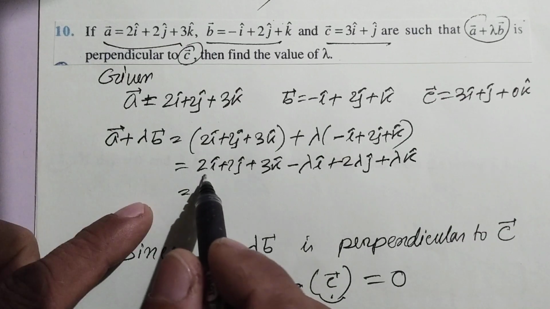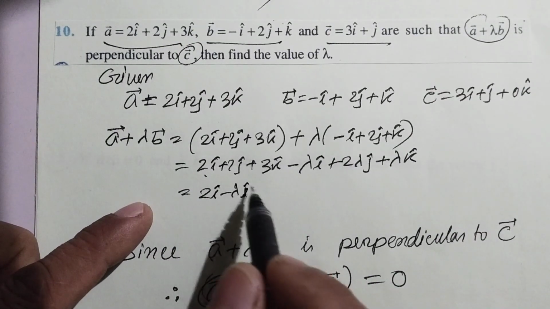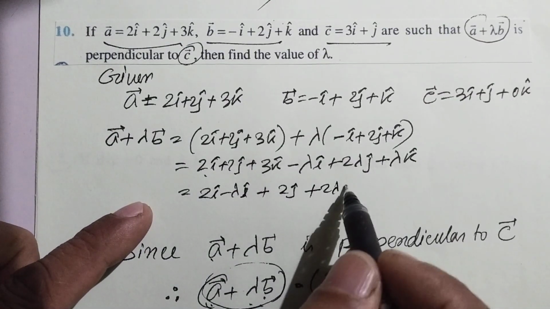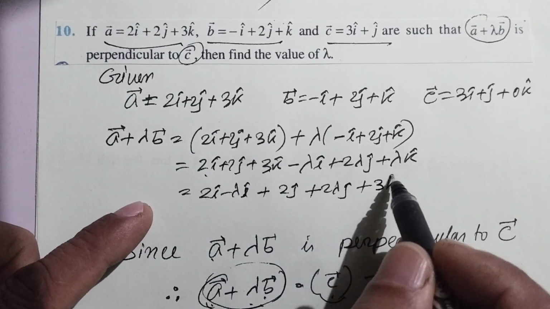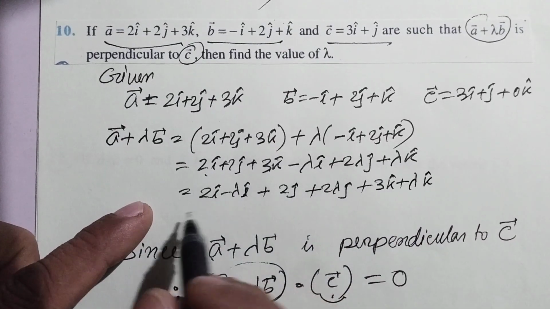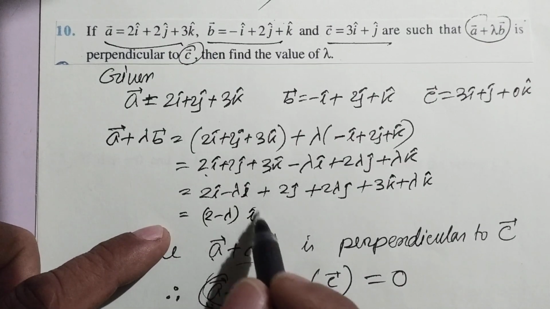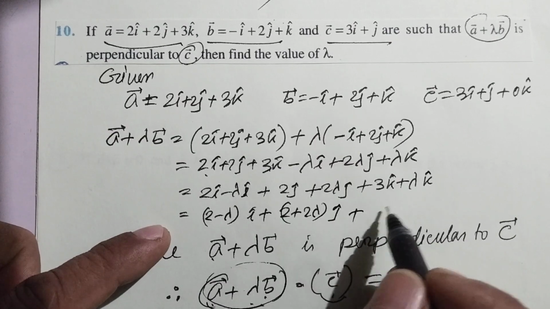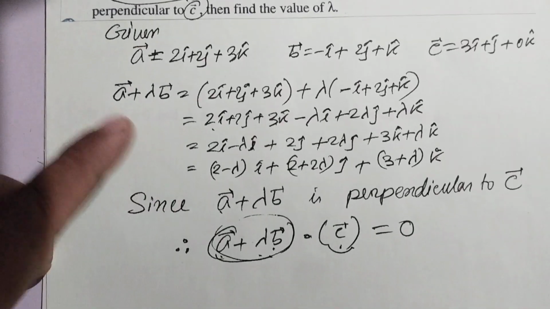I'm simplifying, 2i minus lambda i together, then 2j, j together, plus 2 lambda j, k together, 3k and lambda k together. Then I'll take lambda i common, so (2 minus lambda) into i, and (2 plus 2 lambda) into j, and (3 plus lambda) into k. So I got the vector a plus lambda b.